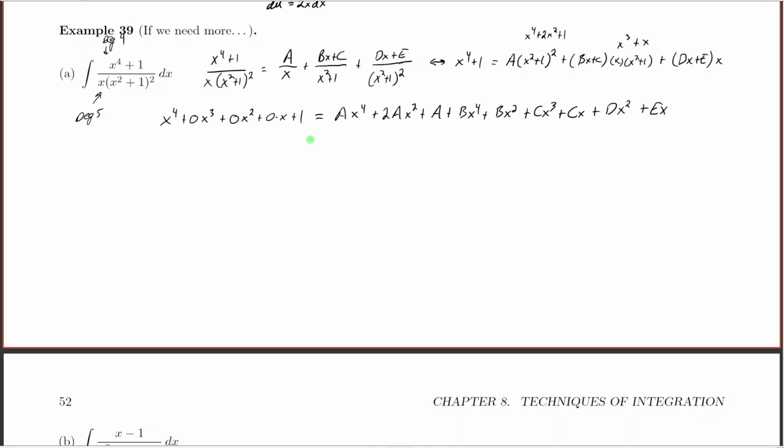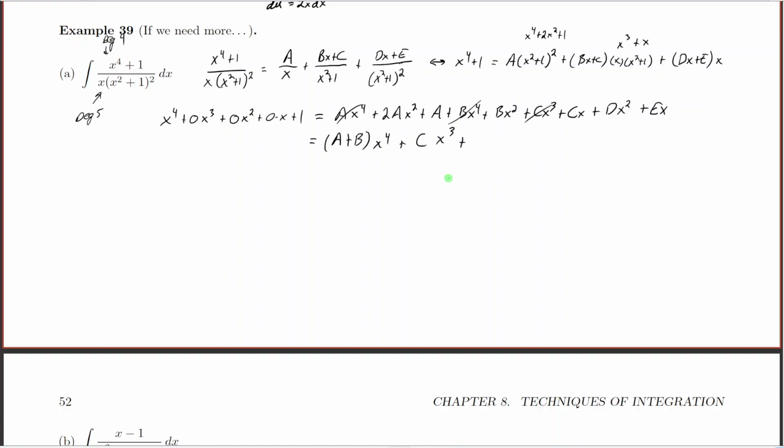And then when we go through and group the terms, we're actually going to end up with equations that are fairly straightforward. We'll have A and B times x to the 4th, so A plus B, x to the 4th. Our x cubed terms here are, well, I guess just C. Just go ahead and write that down without the parentheses.